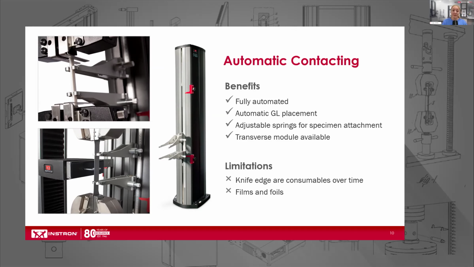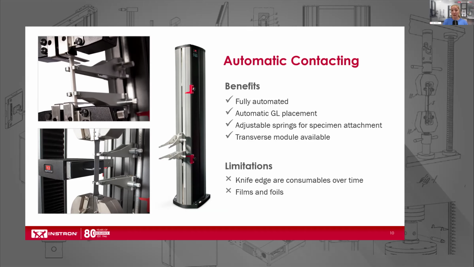Oftentimes, customers needing to calculate R value will include this when purchasing an AutoX. Since the AutoX is a more automated solution, it's typically sold onto automation systems or QC in lab environments where throughput and repeatability are critical.